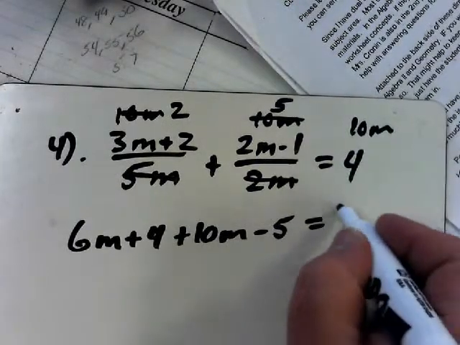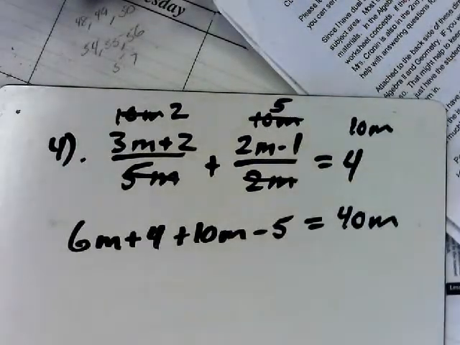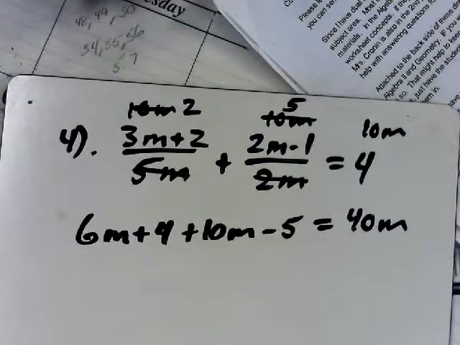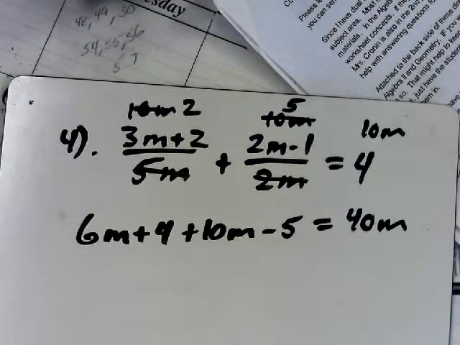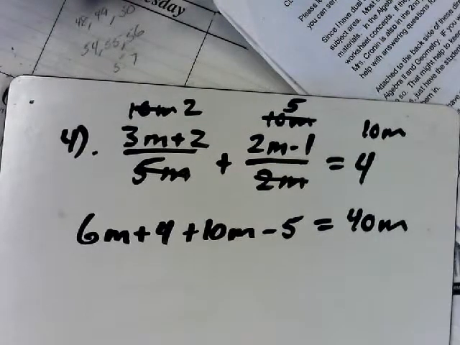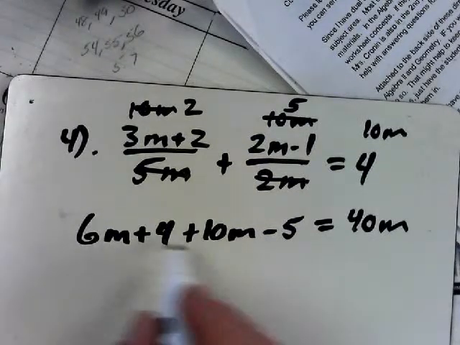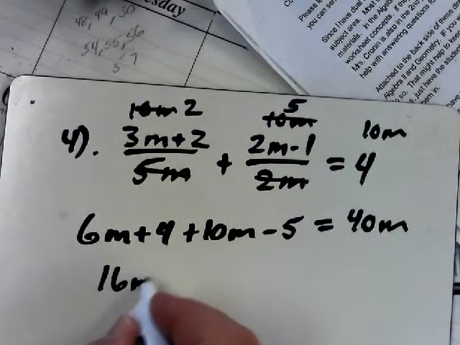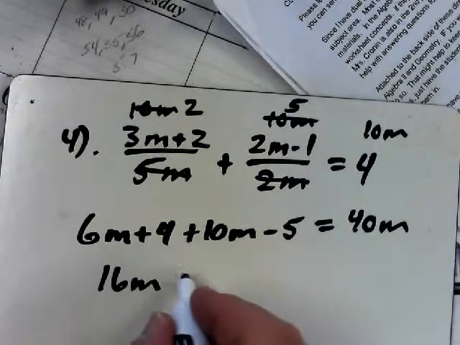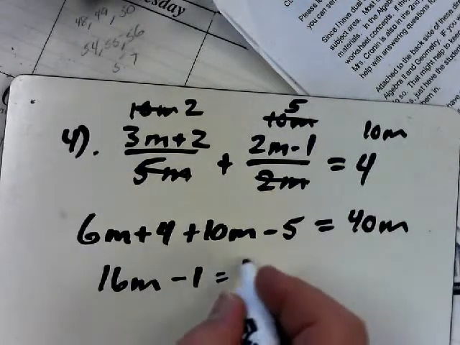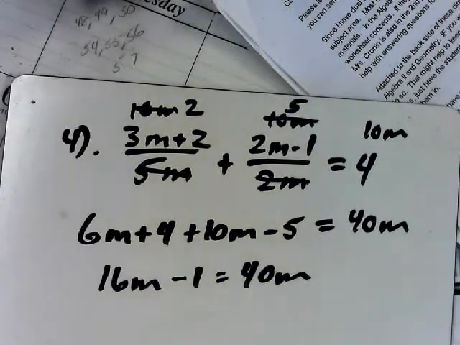Nothing to cancel over here, I get a 40m. Any problem with that? Putting things together, 6m plus 10m is 16m, 4 plus a negative 5 is a negative 1, equals 40m. Which way do you want your m's?